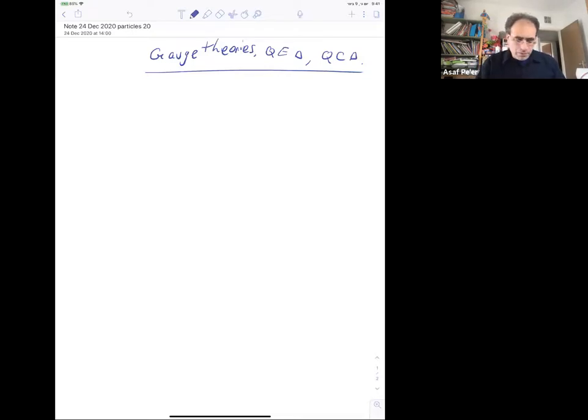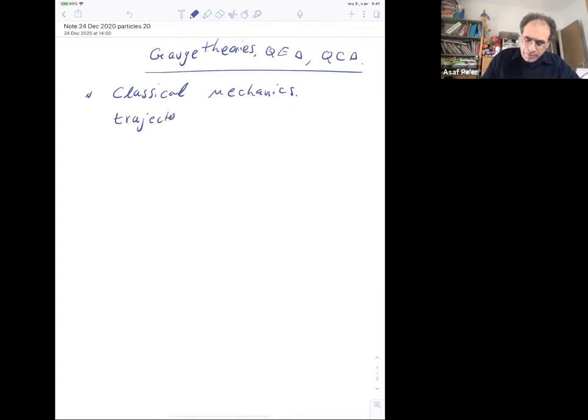Okay, so in classical mechanics, that's what you're used to and love, right? What we're interested in is the motion of particles, basically the trajectory. What do we mean by the trajectory of a particle? We mean the time-dependent location.